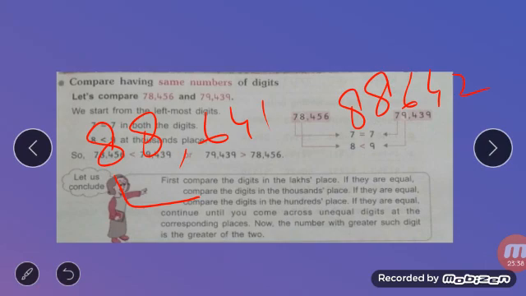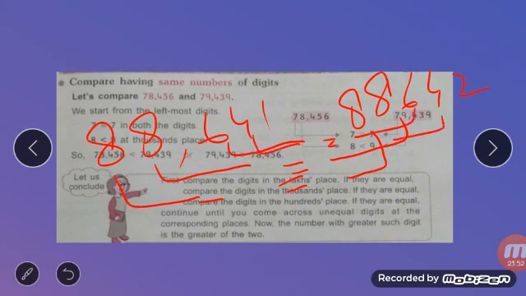First you have to compare these two numbers. If these two numbers are the same, it means equal. Then you compare this and this, that is also equal. Then these two numbers, that is also equal. Then the last numbers are 1 and 2. We know 2 is bigger. So this number is greater.